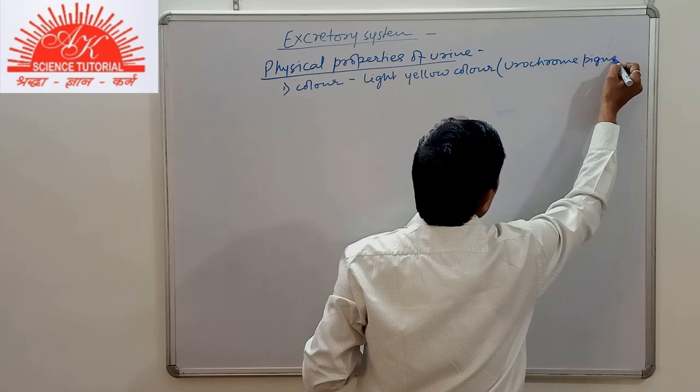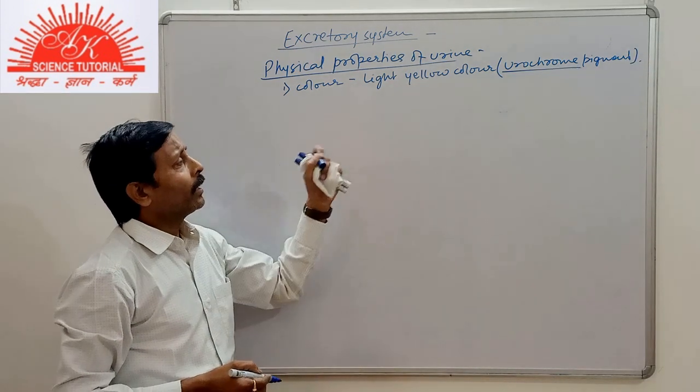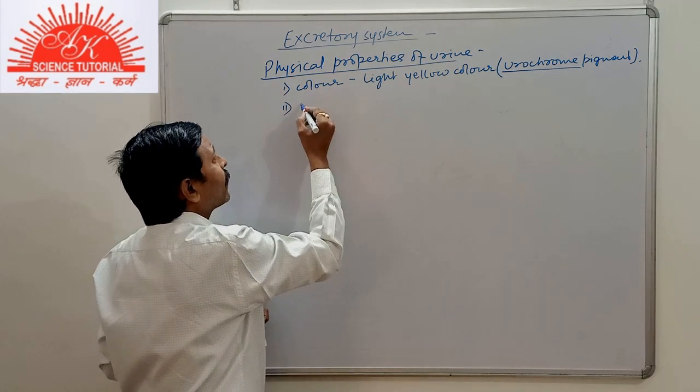The question is asked that name the pigment which imparts yellow color to the urine. It is urochrome. The second part is the volume.